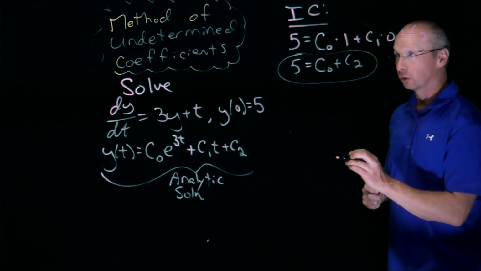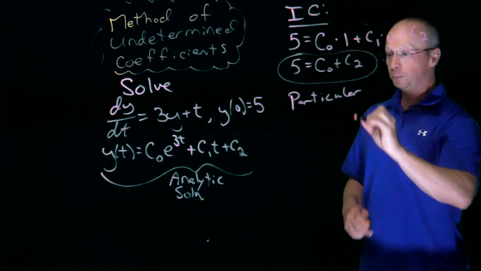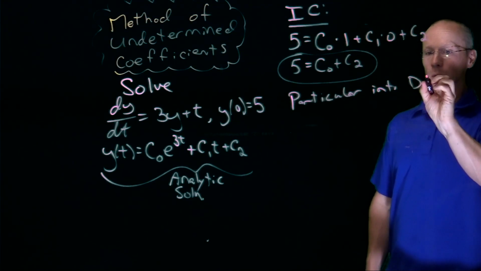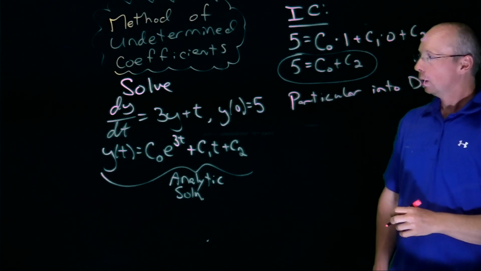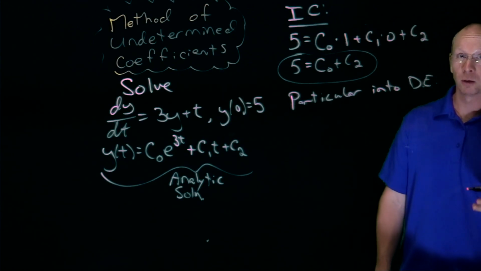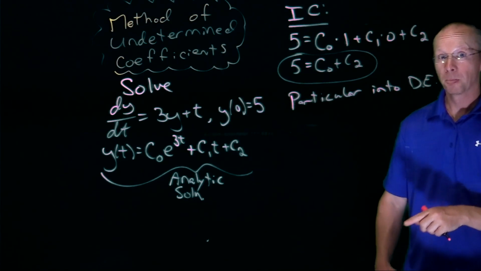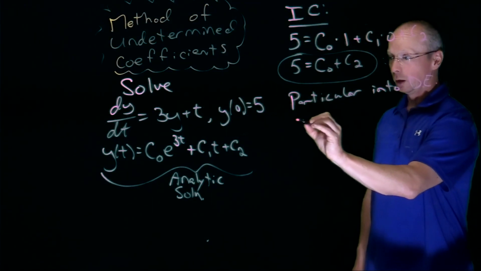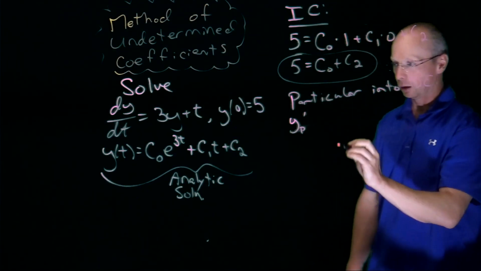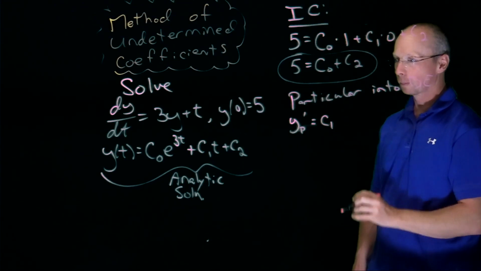If I take the particular solution and put it into the differential equation, I'm actually going to get some expression that tells you how the constants in the particular solution should behave in order to be a solution to this differential equation. So if I do that, my y particular prime, because that's going to be the left-hand side here, is just c1.